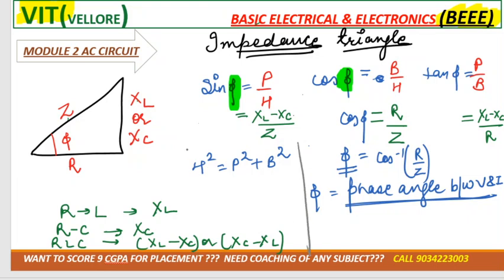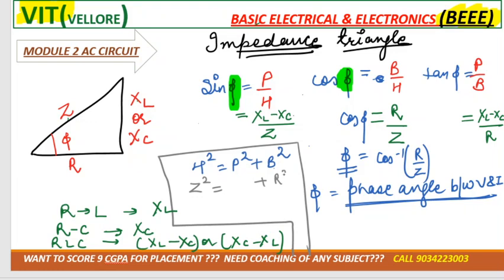Now you need to apply the Pythagoras theorem. Can you tell me, the hypotenuse is how much? Z. It would be Z square. Base is R square, and the perpendicular is XL minus XC whole square. So Z is equal to root of R square plus XL minus XC whole square.